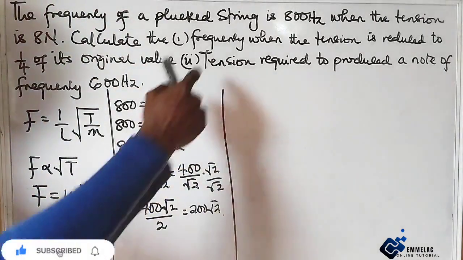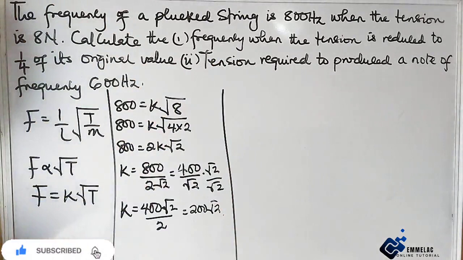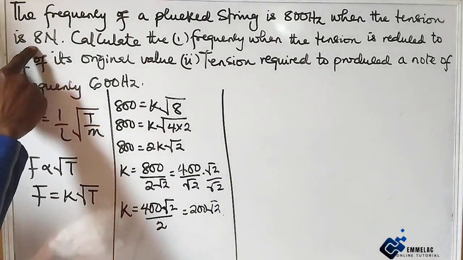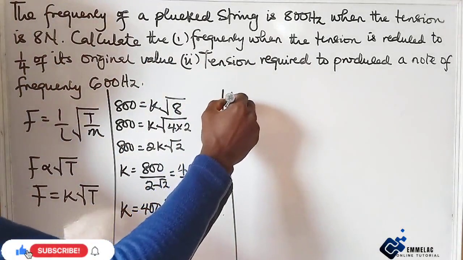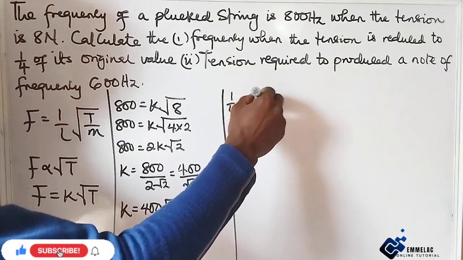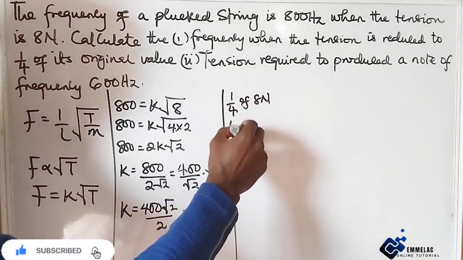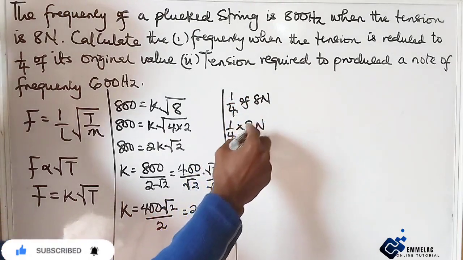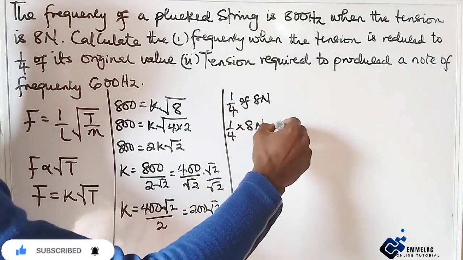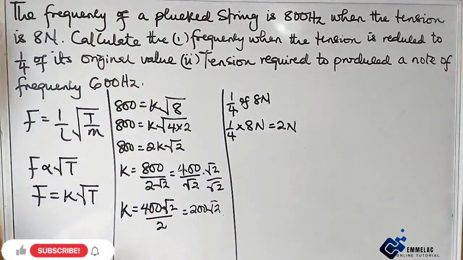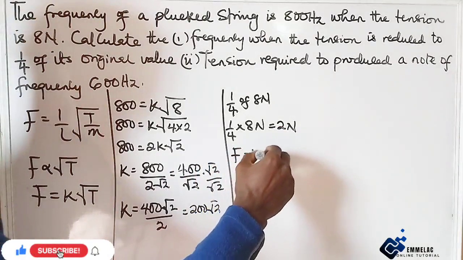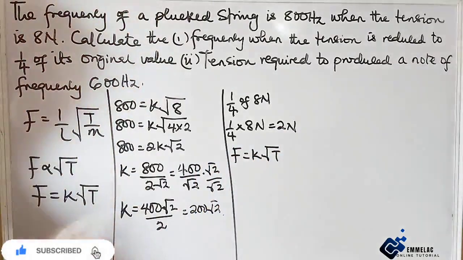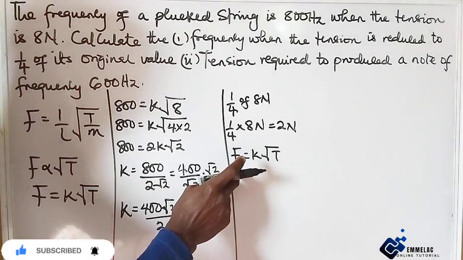So now we are told to find the frequency when the tension is reduced by 1/4. Where is the tension? Our tension is 8. So when the tension is reduced to 1/4, 1/4 of 8 Newton will give us 1/4 times 8 Newton, which is 2 Newton. So bringing back this relationship, F equals K the square root of T, now we have to find the frequency.